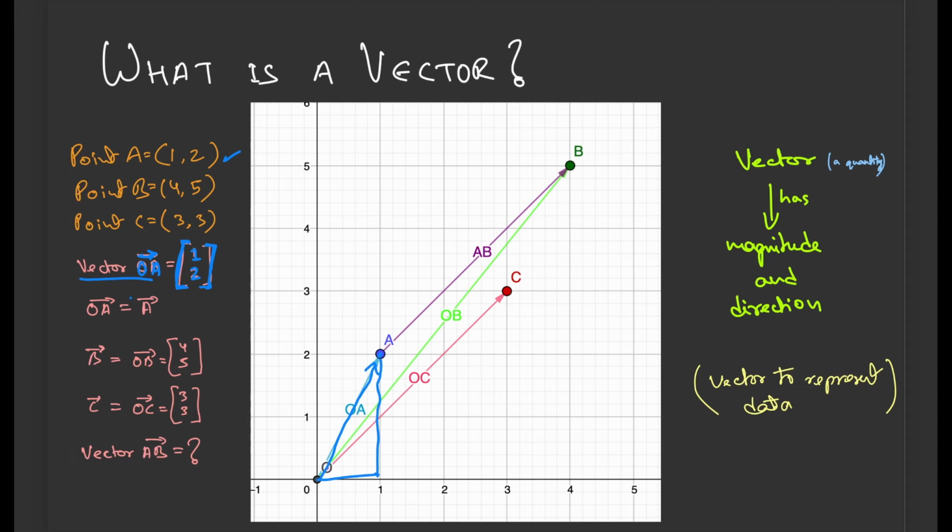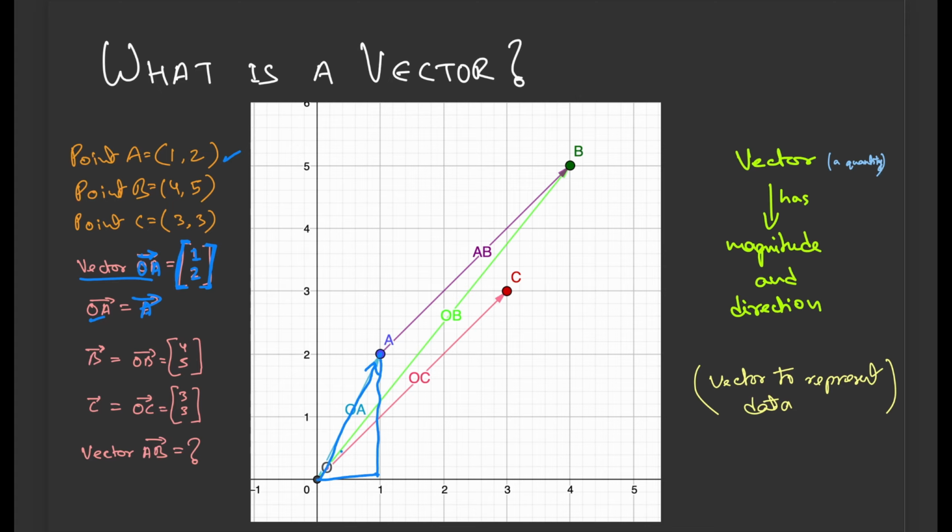For vectors starting at the origin, we generally omit the O and use the point names. Like here, we omit the O and use only A to represent this vector. Instead of OA, we can say A. That's a general rule. It's not a hard guideline, but in general, you will see it in textbooks.